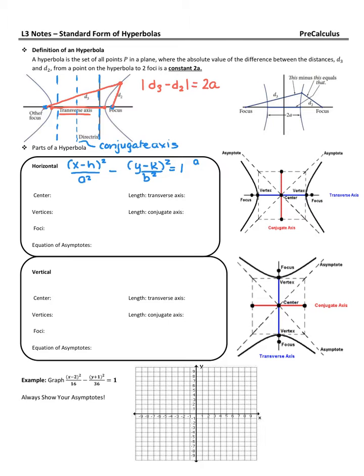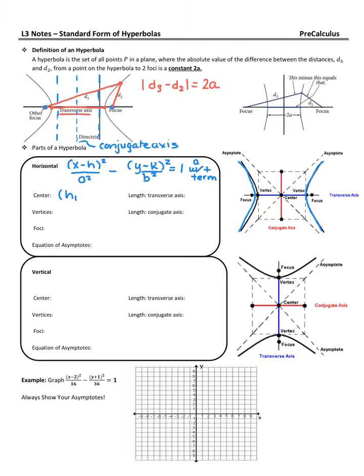A is always going to remain with the positive term. Unlike an ellipse where a stays with the greater term, now a stays with the positive term. When the x term is positive, your hyperbola is coming off of the x-axis.